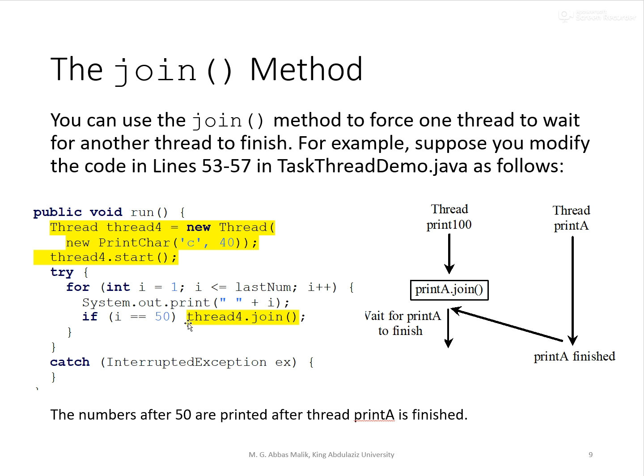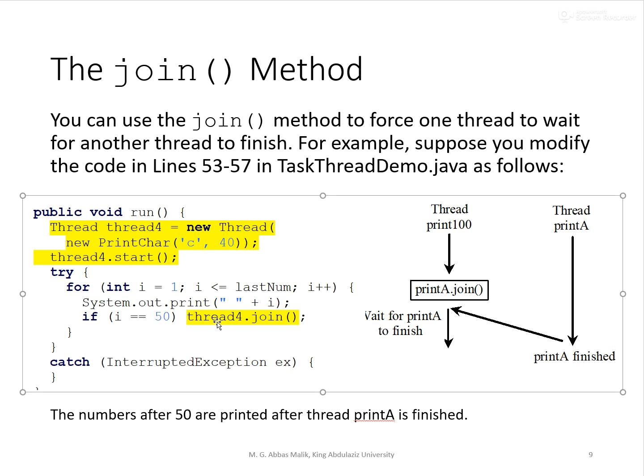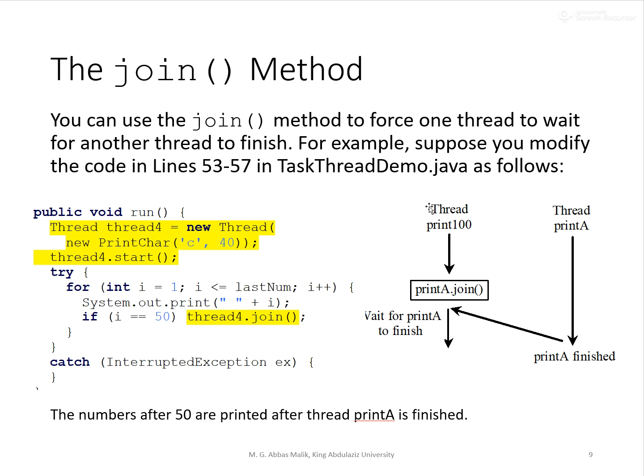So what you do there is call the join method on this thread 4 that you have created in here. What that'll do is, let's say we have time starting at the top and going downwards. You have your print100 thread, and you have your thread 4. You can simply wait for the other thread to finish by calling the join method, and then you'll proceed executing with the rest of your code.